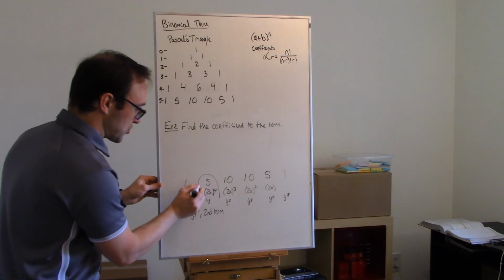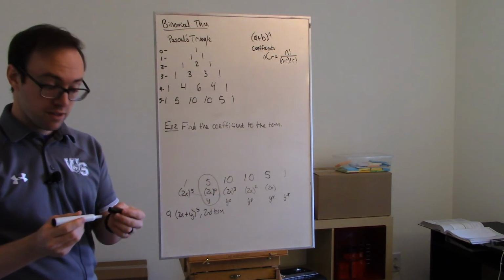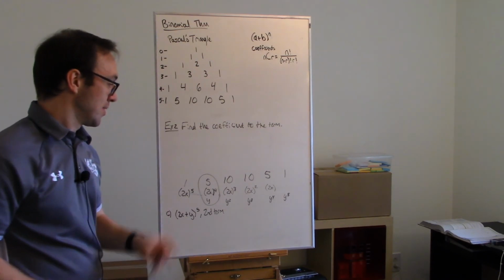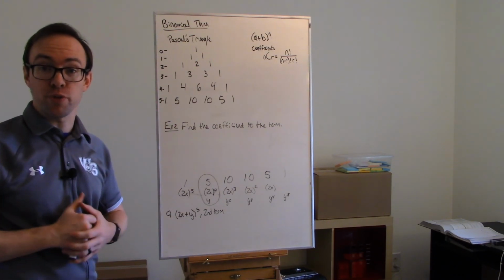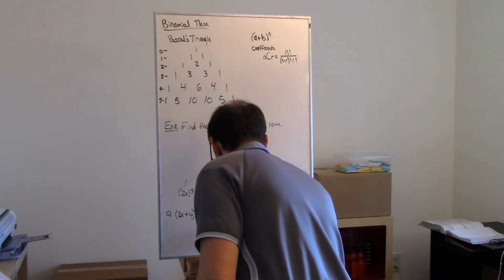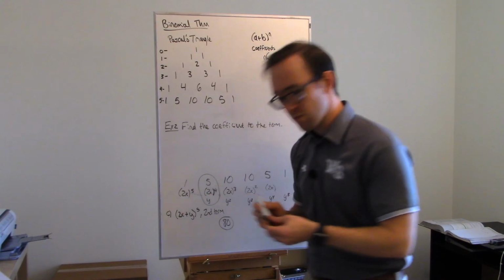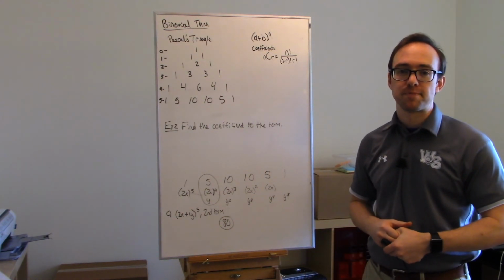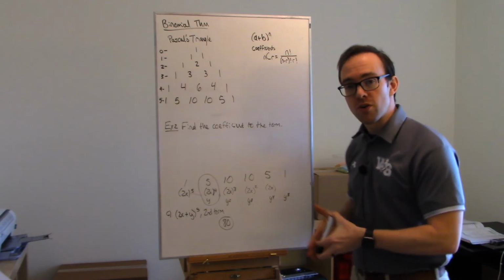And then we're looking for just the number of the second column here. So the second term. So 5 times 2 to the 4th power. And the answer is 80. That finishes up the last example for this lesson.